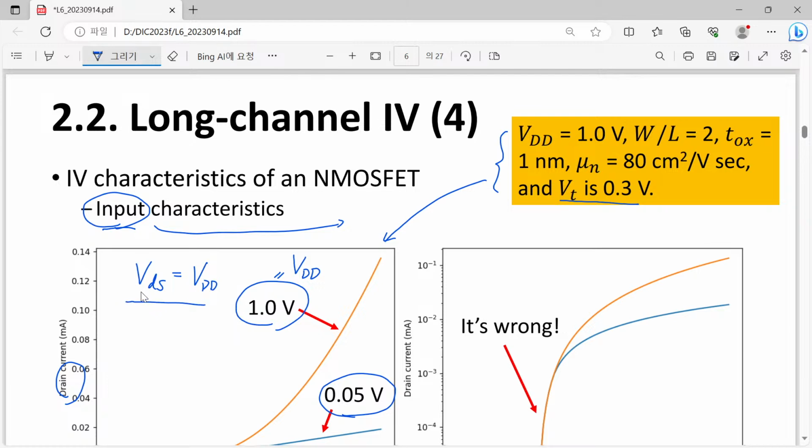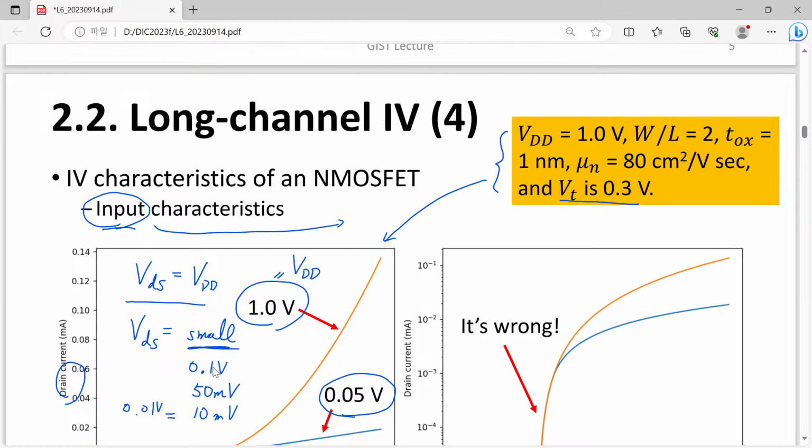And this does not show everything. You also have to draw another one with VDS, and this should be a small quantity. For a typical value, sometimes people take 0.1, sometimes 50 or 10 millivolt, which corresponds to 0.01 volt. There is no standard, so you can select any of them, but they have to make a comparison between this and that.